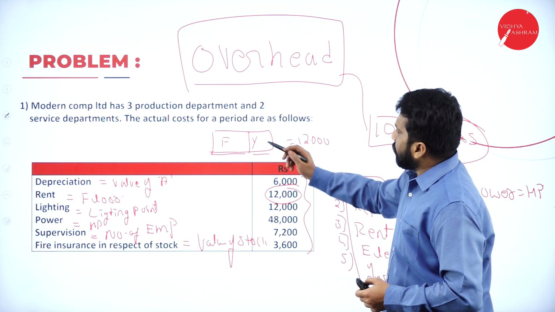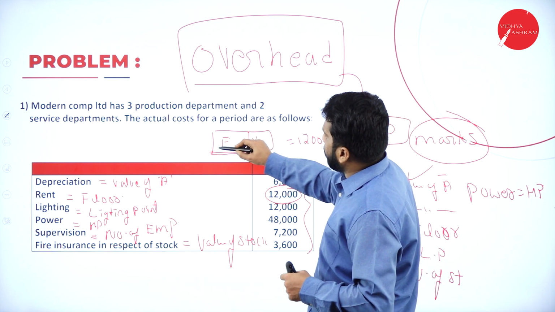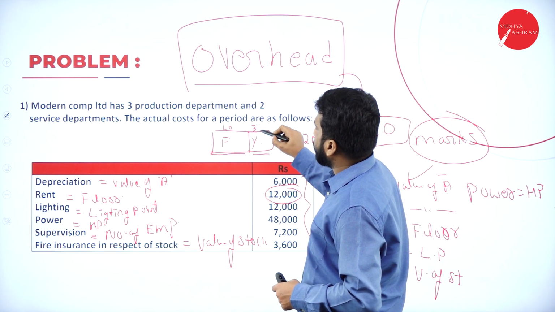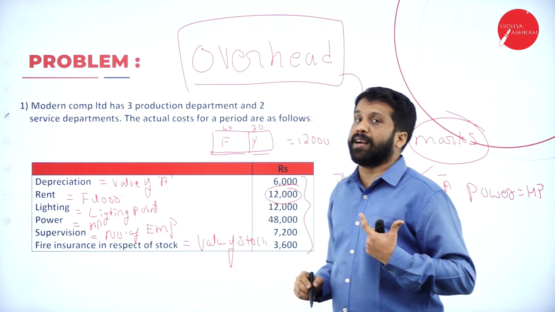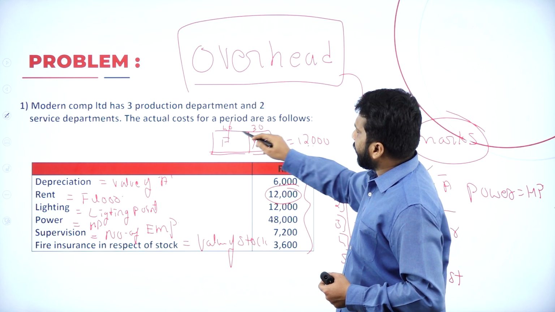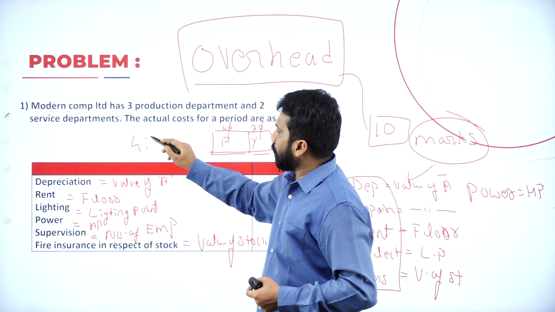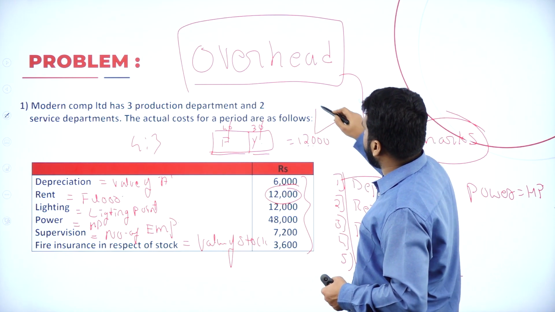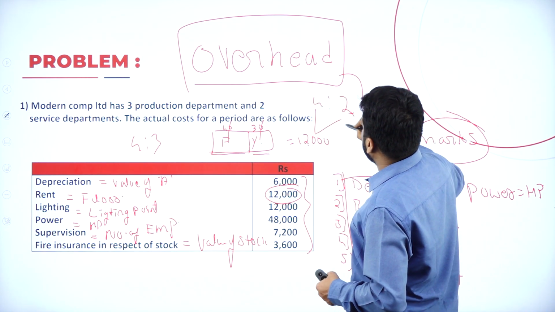Now, overhead means indirect expenses. They will give you that this person has taken 40 square feet, and this person has taken 30 square feet. Can you divide now? Yes. So for 12,000, you can cancel the 0, and it will be 4:3. Clear? So 12,000 has to be divided in the ratio 4:3.